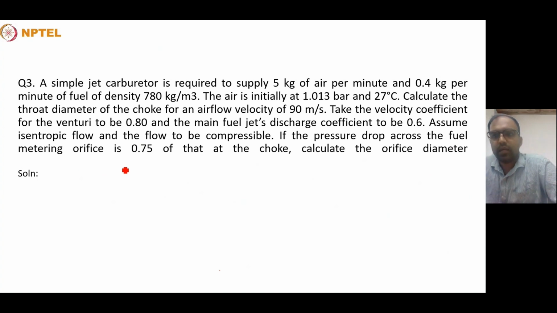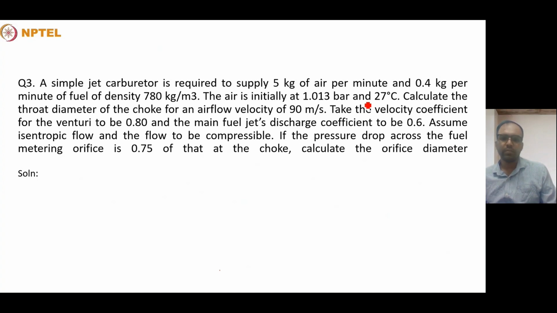The next we calculate, it's a simple jet carburetor problem. A simple jet carburetor is required to supply 5 kg of air per minute and 0.4 kg per minute of fuel of density 780 kg per meter cube.